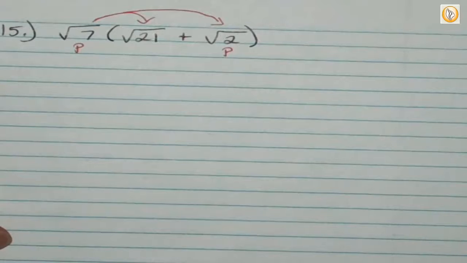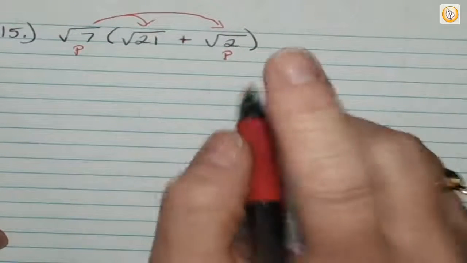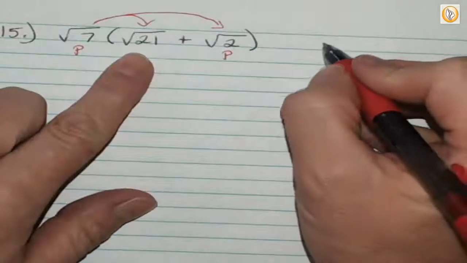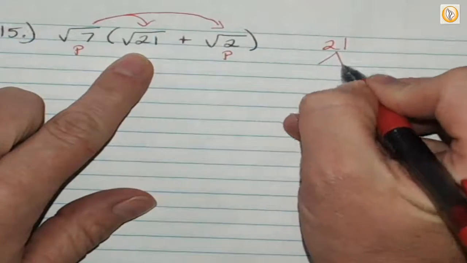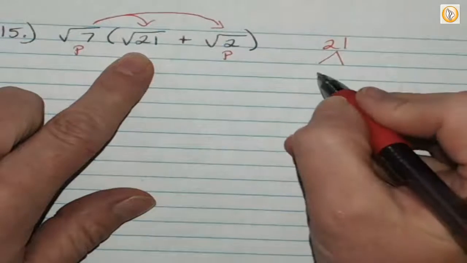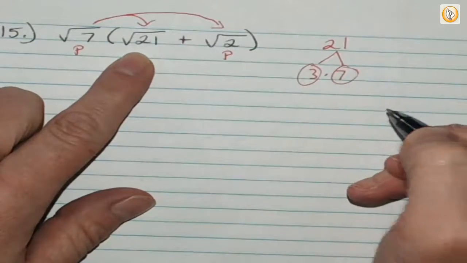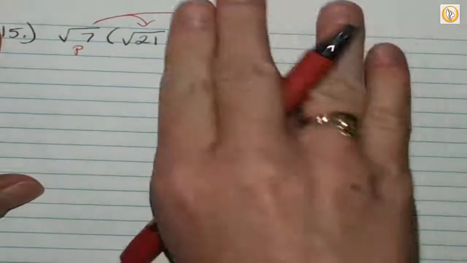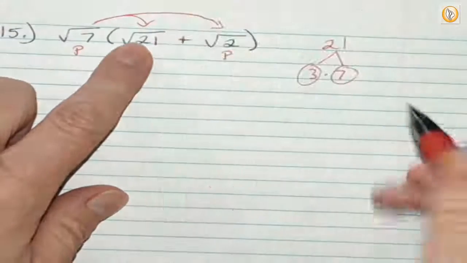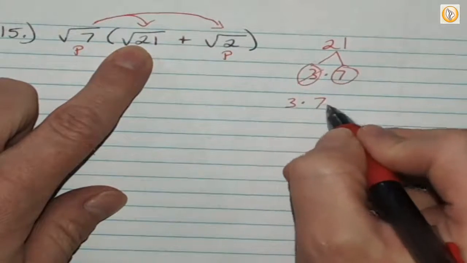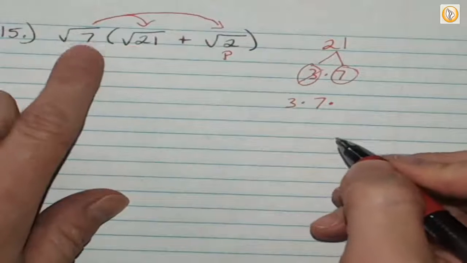Franz. 7, 21, 47. Oh, but we don't have to do that. Let's go ahead and do the factor tree of 21. 3 and 7. 3 times 7, and they're both prime. So remember, when we're multiplying, we're going to write down the factors for this one and this one.